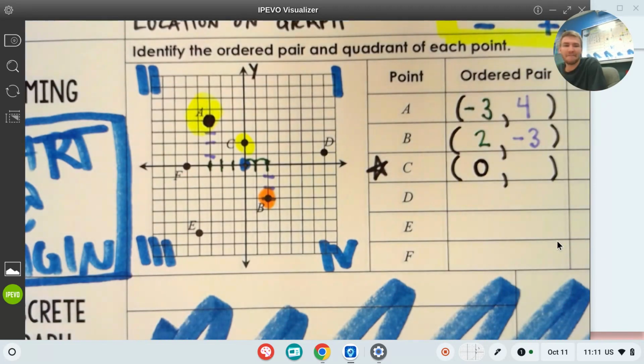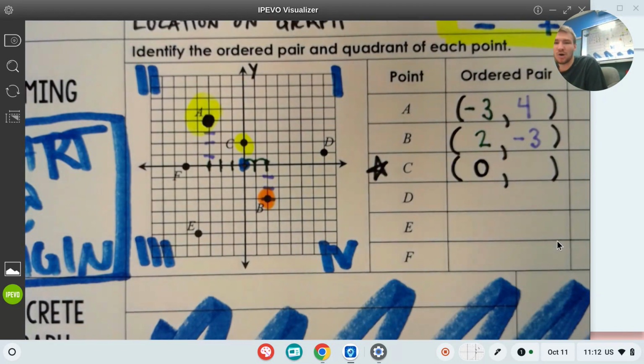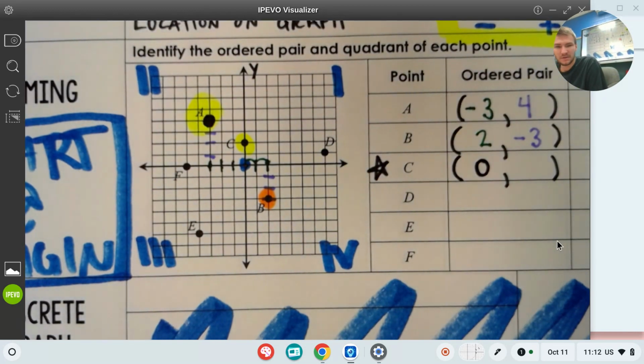So I have 0 to walk. I don't want to walk left. I don't want to walk right. I just want to stay where I am. Okay? 0 is your don't do anything number, right? If you don't walk left or right, put a 0. If you don't go up or down, put a 0.